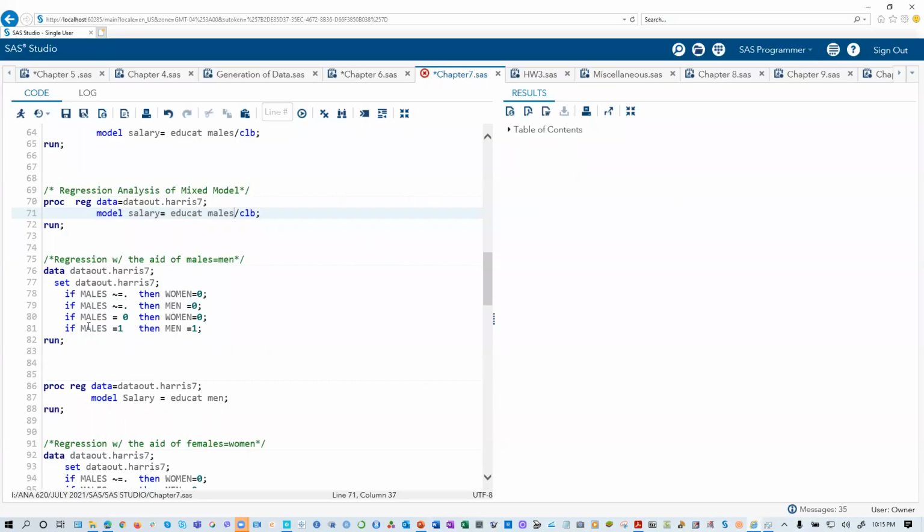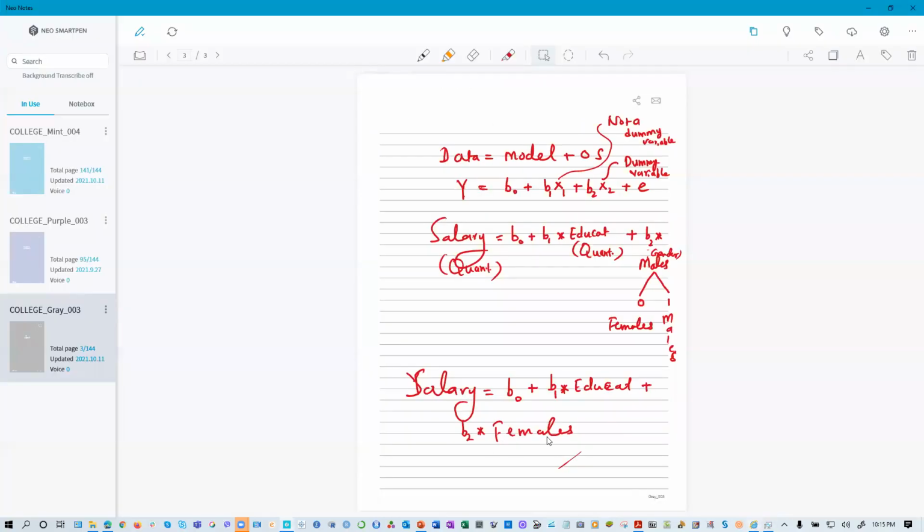But actually, we mean 1 for males. Here it has been written as men. Rather than that, I'm going to give you a name, men, because otherwise they get mixed up. Instead of females, I write that one with the males.